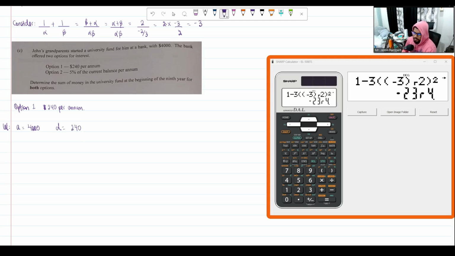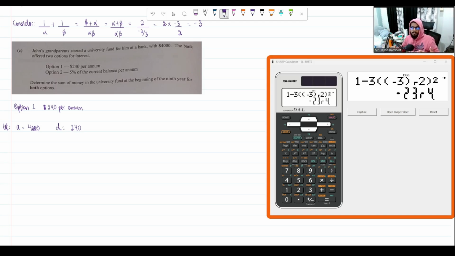So we want the sum of money in the university fund at the beginning of the 9th year. So the beginning of the 9th year is going to be the amount of money he has at the end of the 8th year.